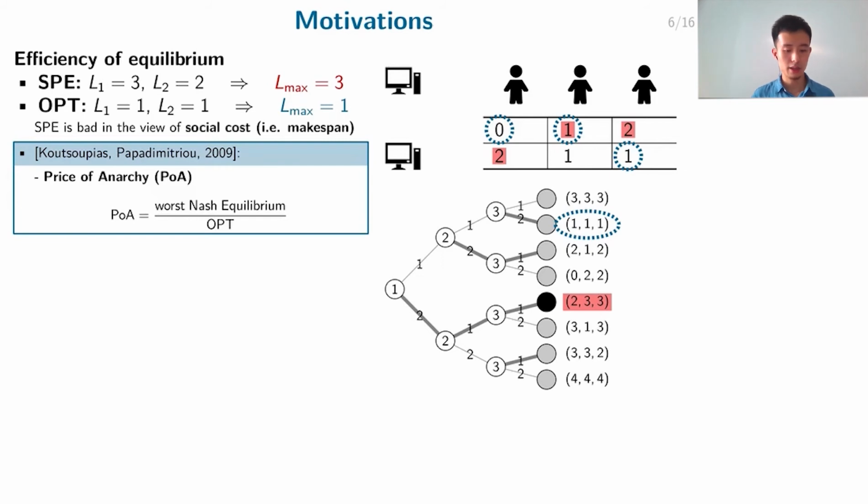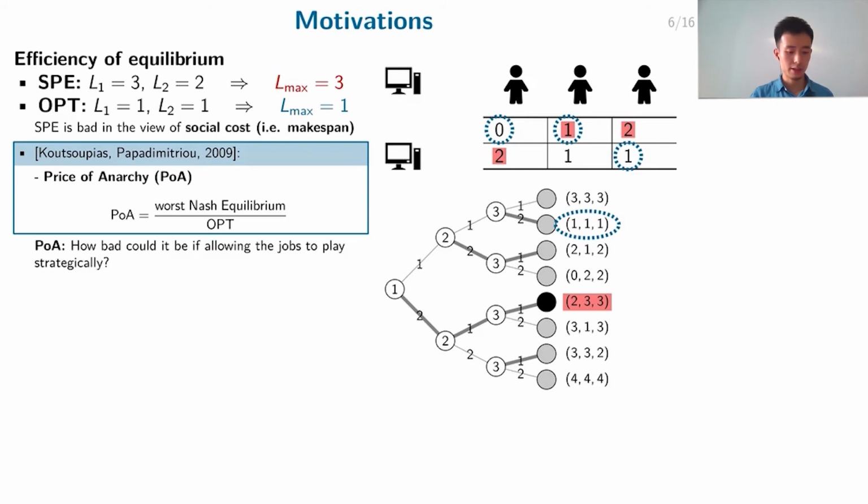Actually, we usually use the price of anarchy to show the efficiency of equilibrium for a game. The price of anarchy is defined as the worst social cost of a Nash equilibrium divided by the optimal social cost. In other words, the POA basically tells how bad it could be if allowing the jobs to play strategically.